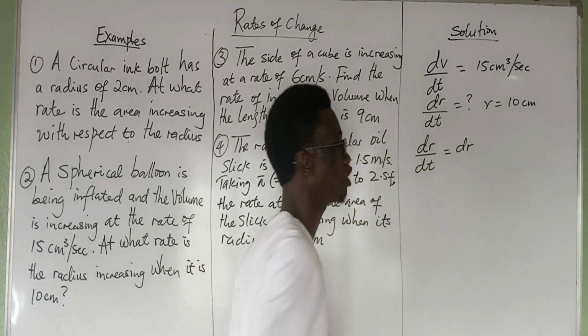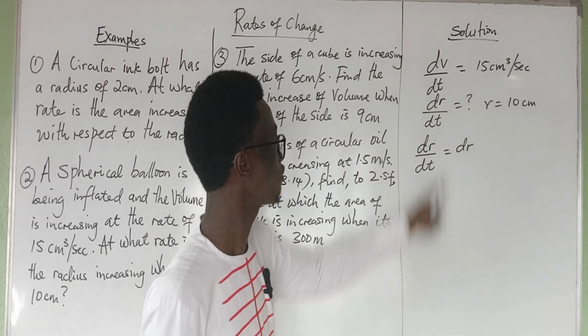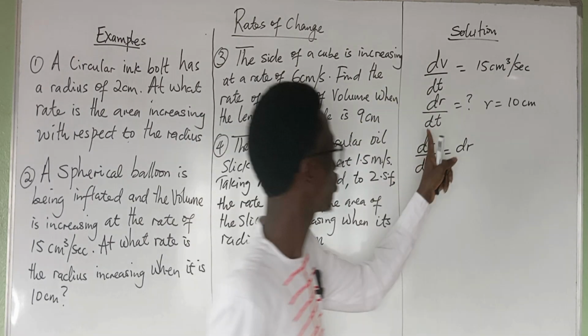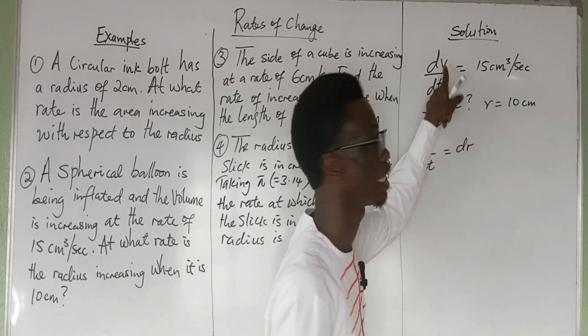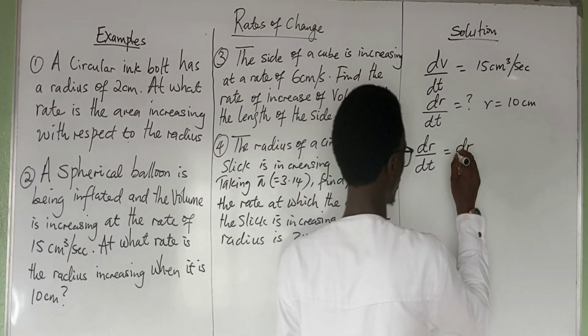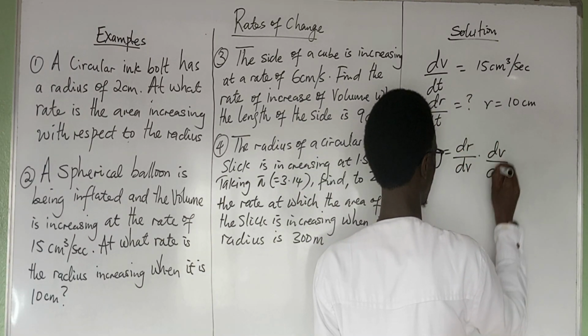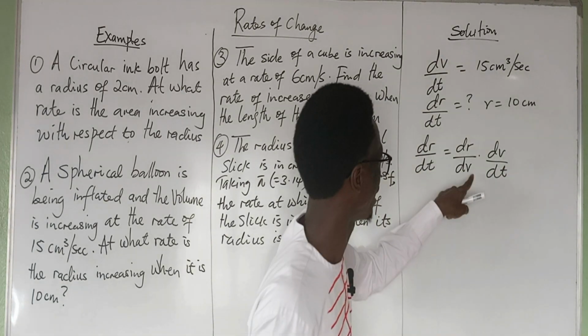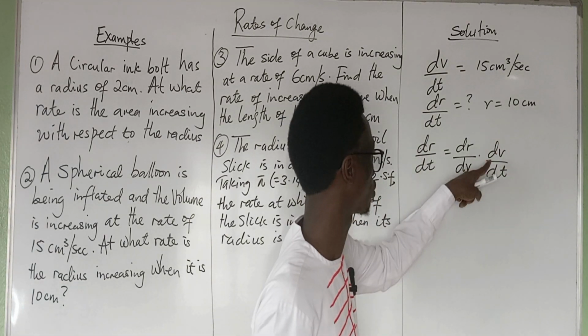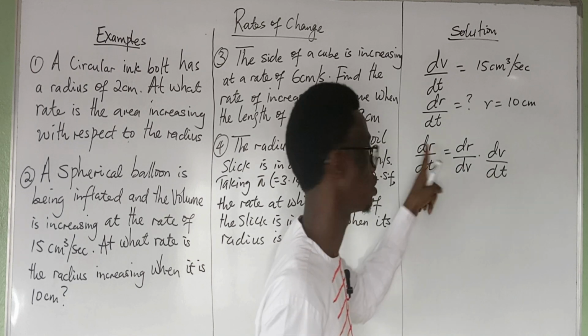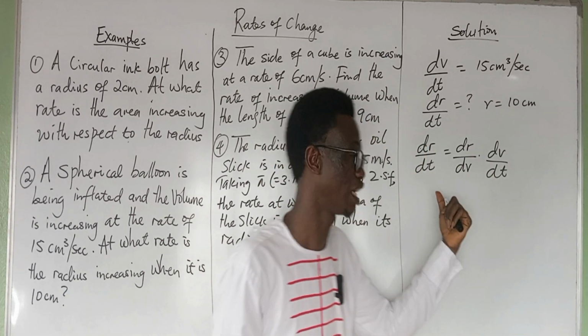Then now you are going to introduce something new. Look at what you have here: you have time, you have radius, and you have volume. So we introduce the volume, which is dv. Then multiply again by dv over dt. At the end of the day, when you cancel this and this, you are going to have again dr over dt, which is on the left hand side.